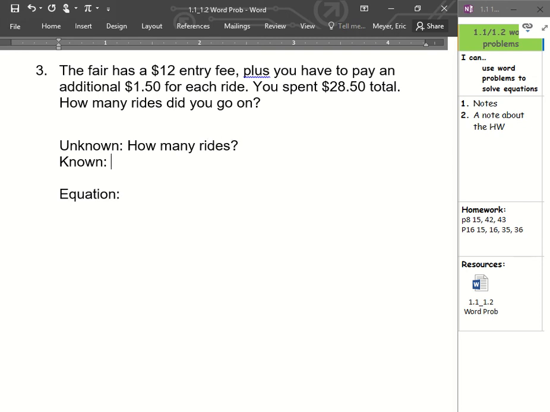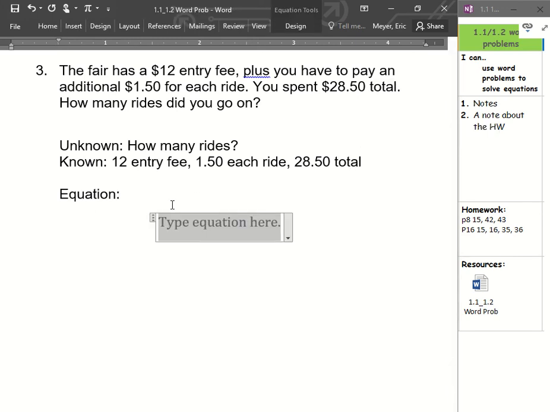What do we know? We know $12 entry fee. We know $1.50 each ride. That "each" is a huge word in there, each ride. And we know that it was $28.50 total. Big word, total, there. So if I'm going to set up my equation, I'm going to follow each of these. When I see "each," I know that this one has to have my variable on it.